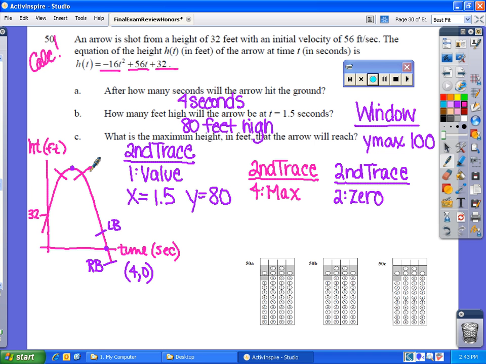The third time when it asks guess, just hit enter again, and it will return the value for the maximum, which in this case is 1.75 seconds and 81 feet. Therefore, the maximum height in feet that the arrow will reach is 81 feet high.